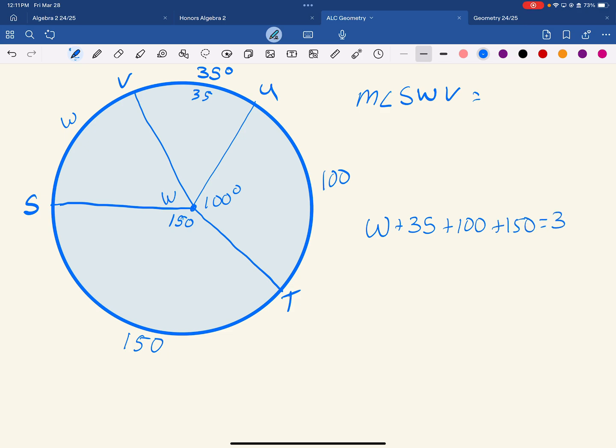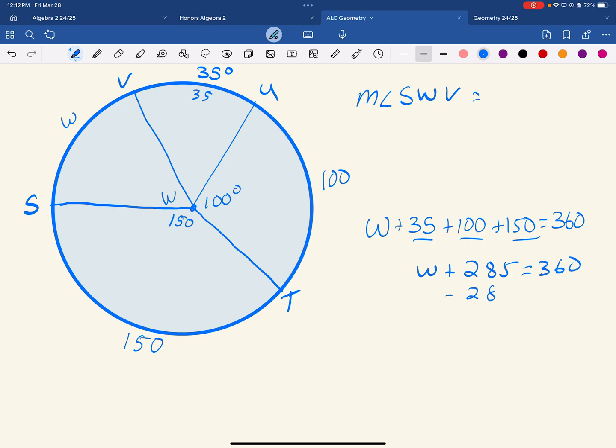All of them together have to add up to 360 degrees. So 35 plus 100 plus 150, it's 250, 285. So the unknown plus 285 equals 360.